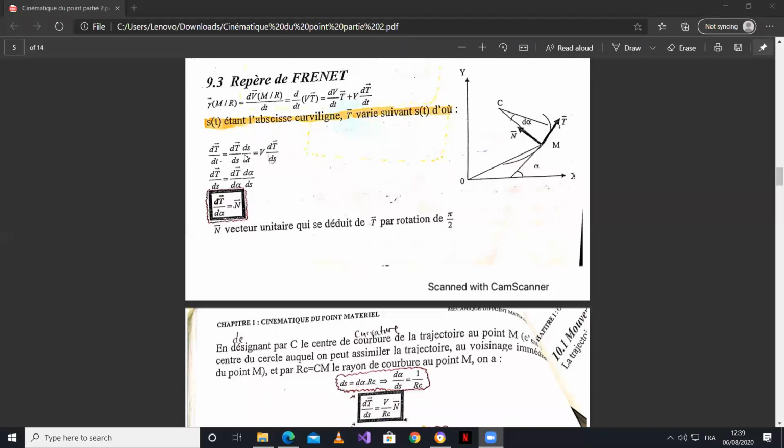But we know that ds over dt is equal to le module de la vitesse, which is v. So this ds over dt, we write it as v there, multiplied by this dt over ds.